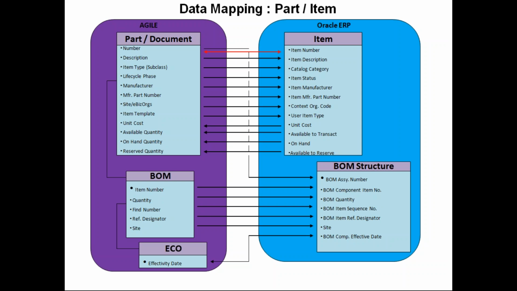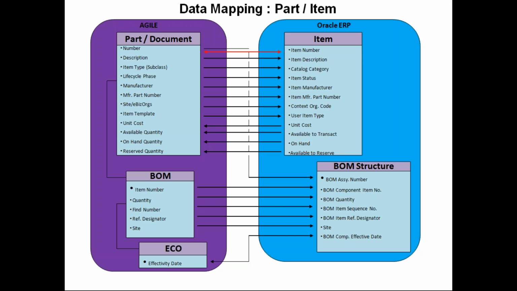But there's flexible data related to parts and documents that typically are going to be driven more on the ERP side. The cost, for example, is something that's going to vary over time, and that information is typically going to be coming from the ERP system.